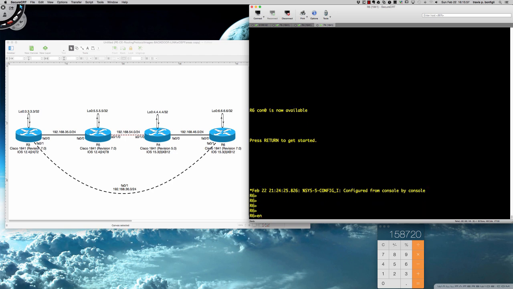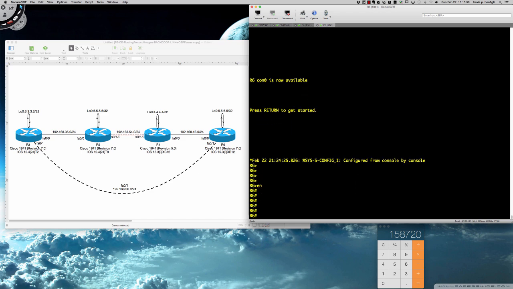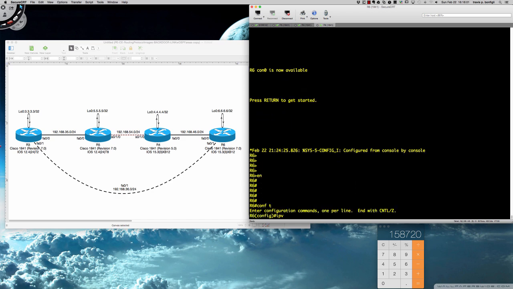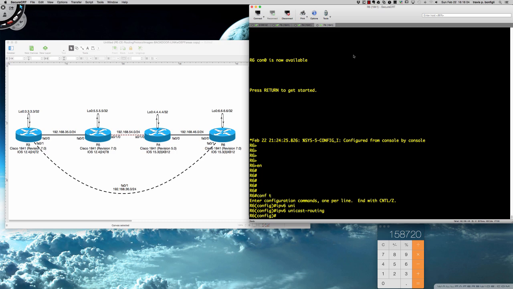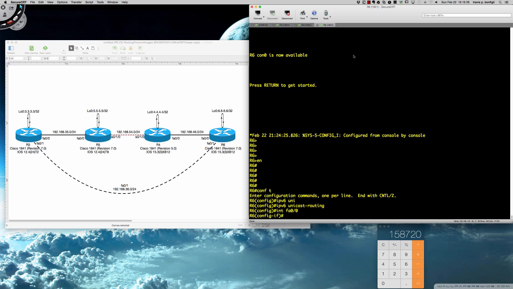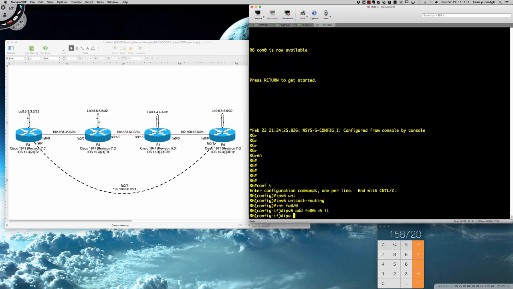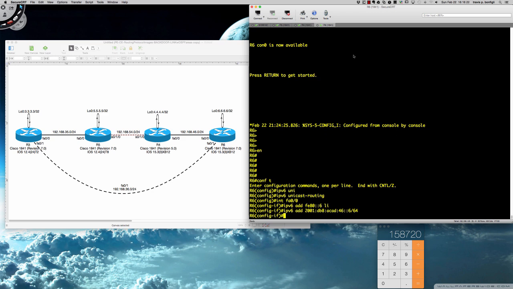All right, so that takes care of router 4, and then last but not least, let's get router 6 IPv6'd up here. We'll go to global config, IPv6 unicast routing, and let's go into FA00, and we're going to say IPv6 address FE80::6 link local, and then IPv6 address 2001:DB8:ACAD:46::6/64.